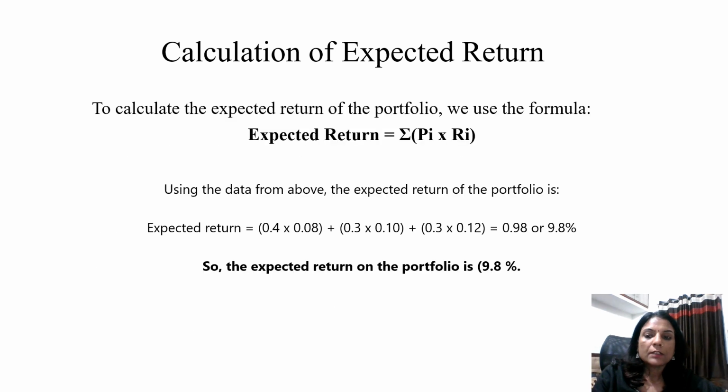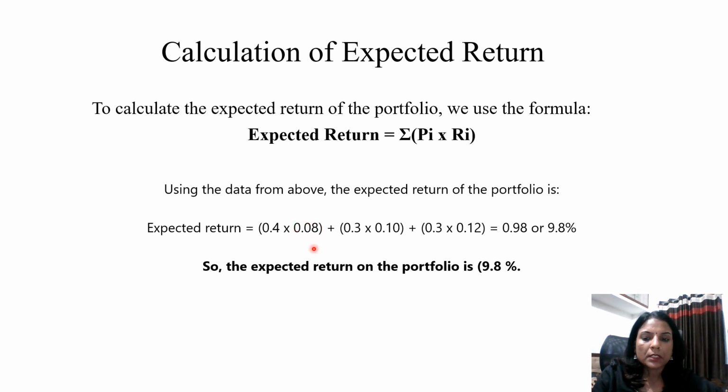Now we will calculate the expected return for this example. The formula of expected return is summation of probability multiplied by the return of your different securities. So here the first one is 0.4, the probability of the first security, security X, and the return of security X was 8%.